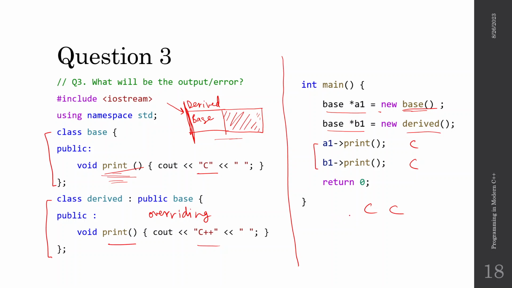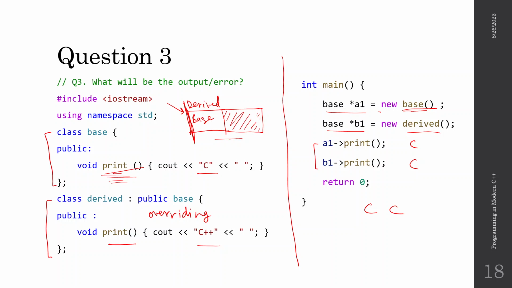the thing is that theoretically there should not be any problem. I mean, from the perspective of the programming language, there should not be any problem, because every derived object contains a small base object. So you can take the small base object and you can use the base functions on it.